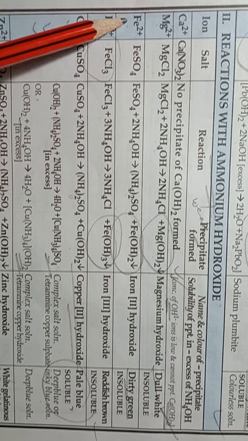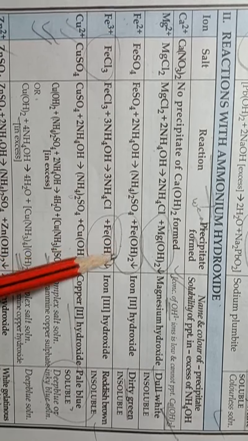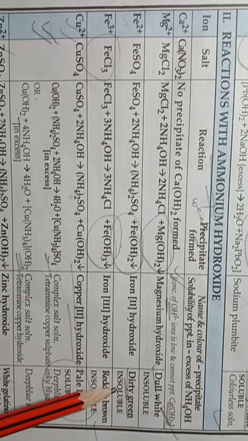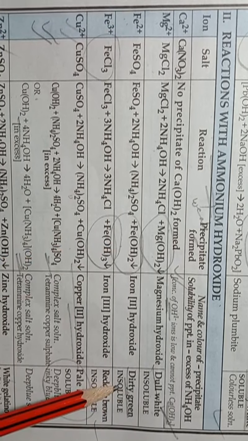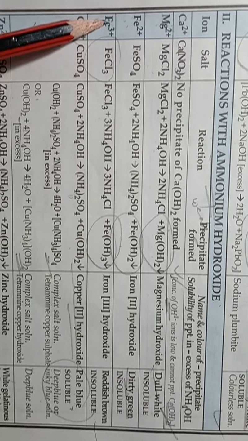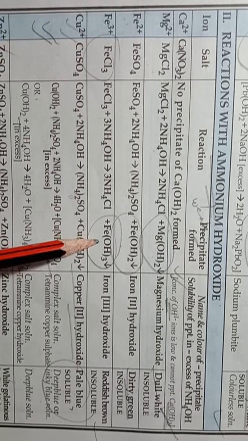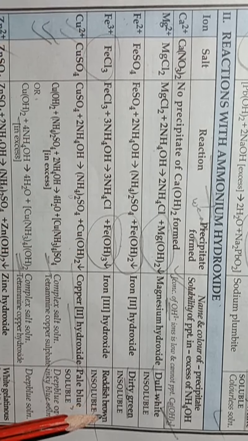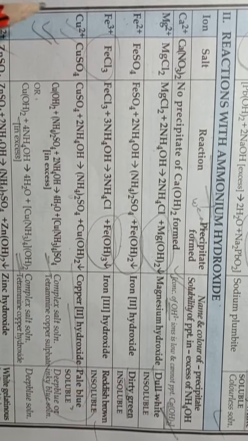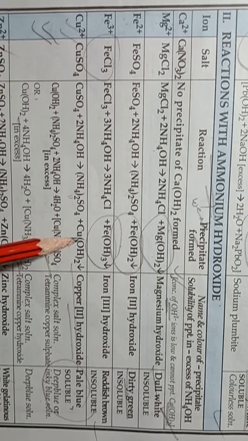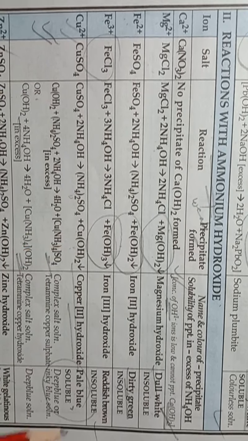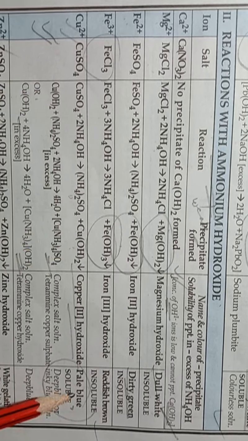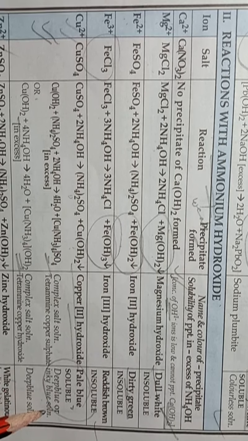Same way, ferrous ions form ferrous hydroxide, dirty green PPT, which is insoluble in excess of ammonium hydroxide. Ferric ions form ferric hydroxide, reddish brown PPT, which is insoluble. Copper ions form copper hydroxide, which is pale blue, and in excess of ammonium hydroxide, it forms deep blue or inky blue solution.